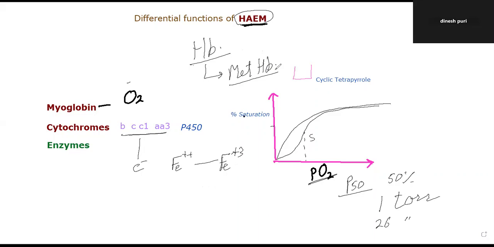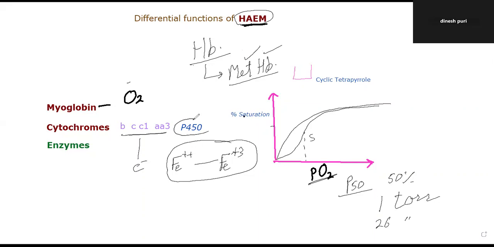So, an important thing: in cytochrome, ferrous-ferric interconversion is the basis of its role as an electron transporter. Whereas in hemoglobin, if ferrous is converted to ferric, it will be converted to a dysfunctional form. So that again brings out the same point, that the same heme is performing different roles in different heme proteins.